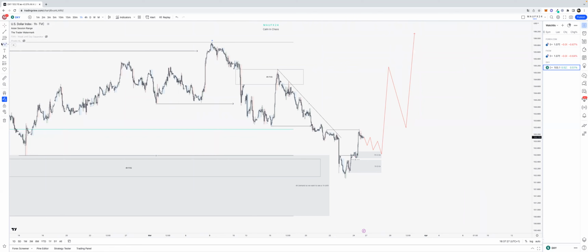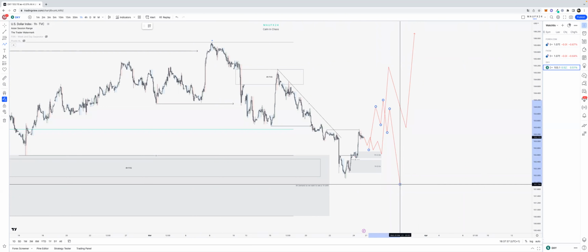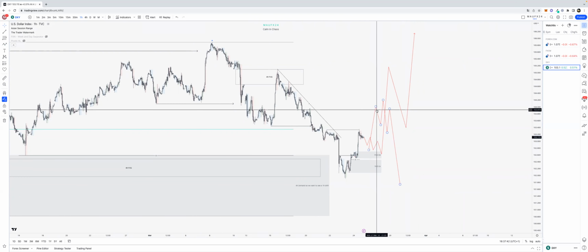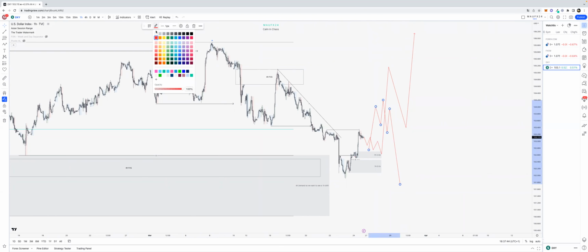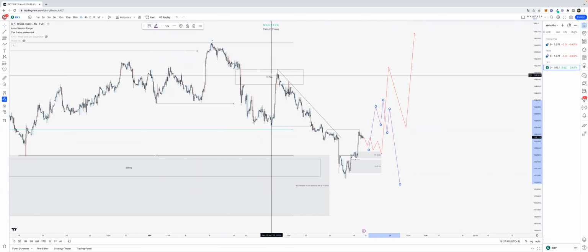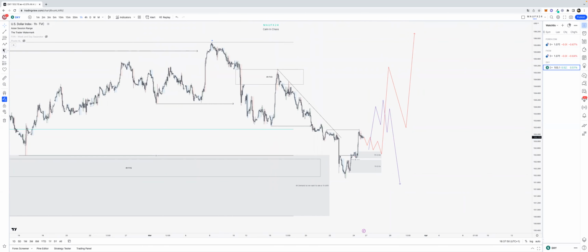Another scenario is that we ignore the structure, we took some liquidity, maybe even hold this structure, we come up higher, respect something here, and then we get a turnaround and we continue deeper into the block. That's option B. So the red one is my most favorable option.